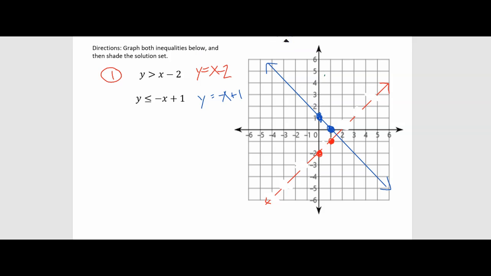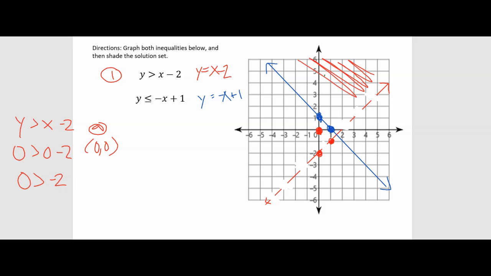I'm going to test the point 0, 0 for both. So if I do it with red, y is greater than x minus 2 at 0, 0. And I get 0 is greater than negative 2, which is true. So I'm going to shade on that side of the red boundary line.